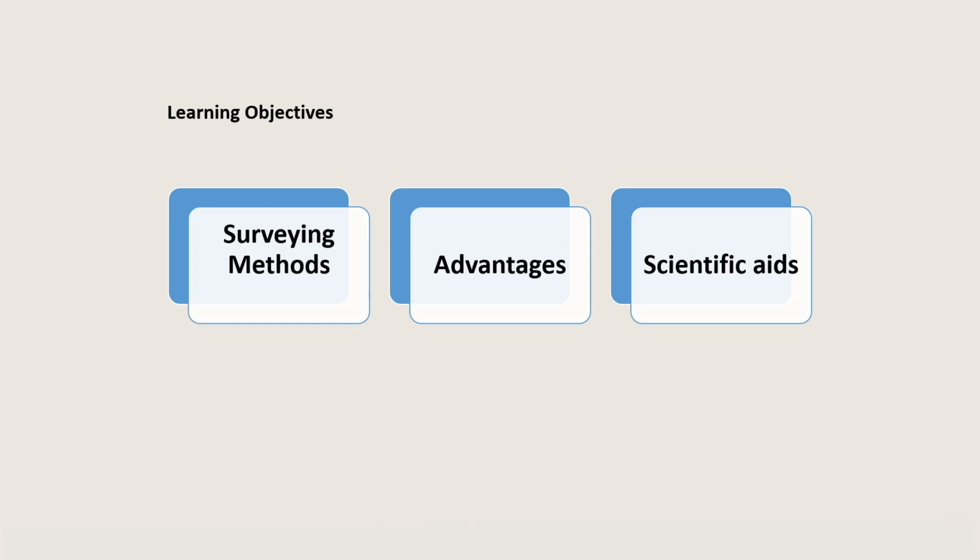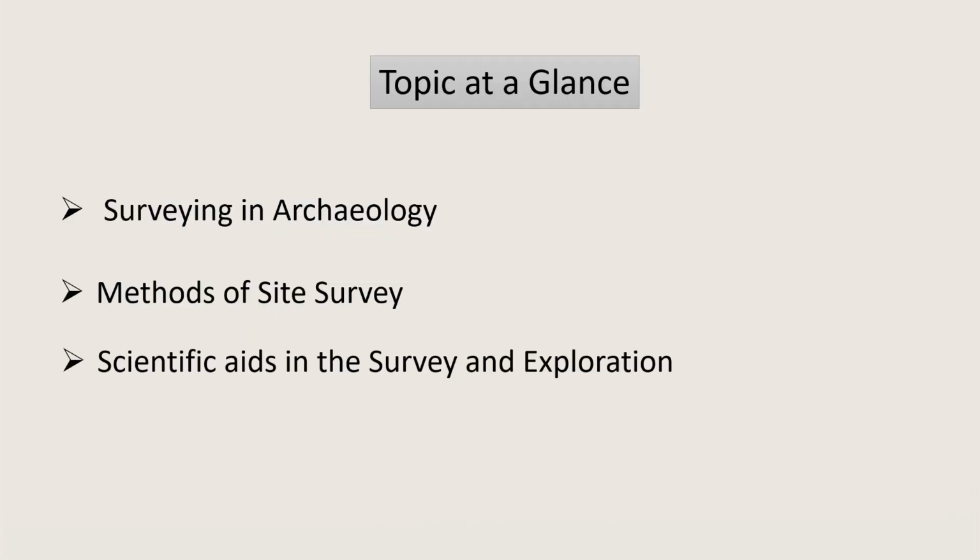The second is to analyze the advantages of different surveying methods, and the third is to know the different scientific aids involved in surveying practices. In this lecture, we are going to discuss these sub points: surveying in archaeology, methods of site survey, and scientific aids in survey and exploration.